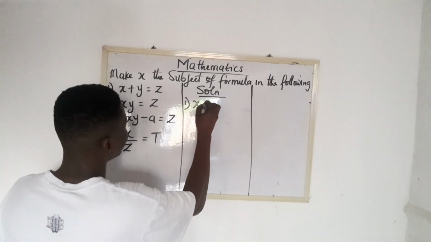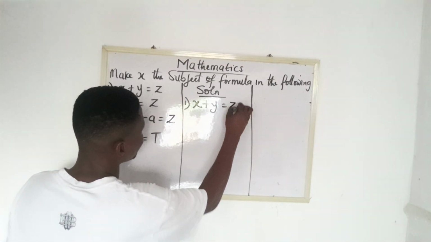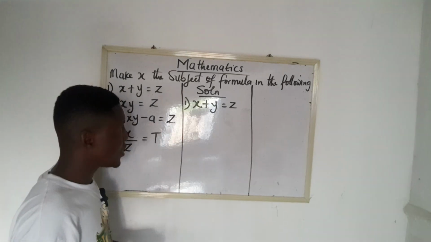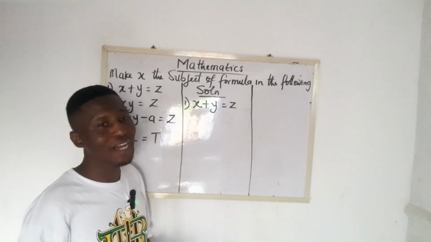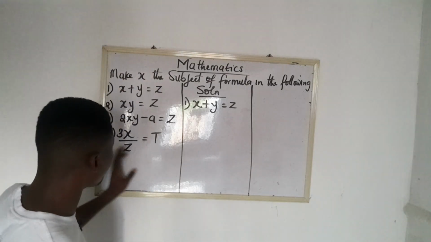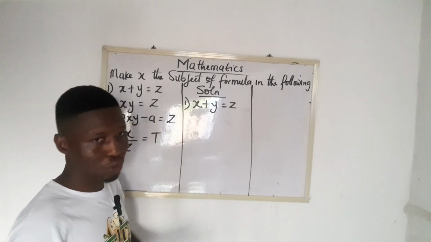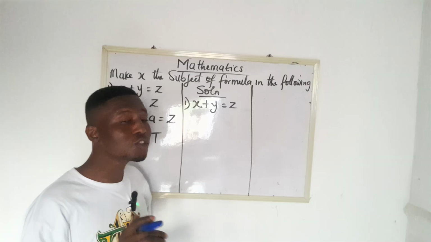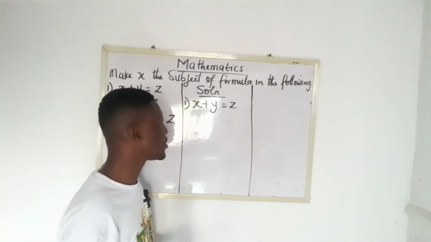We have x plus y is equal to z. Now in all these questions, we have been asked to make x the subject of formula. One thing you should take note of is this.